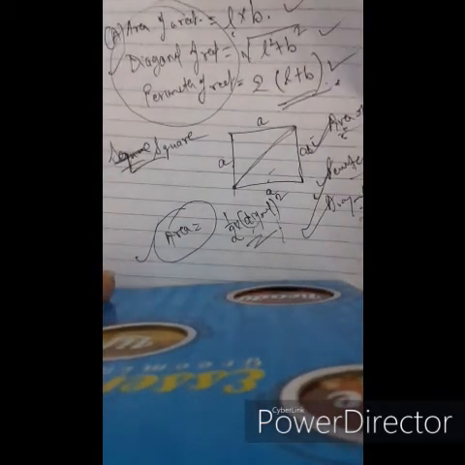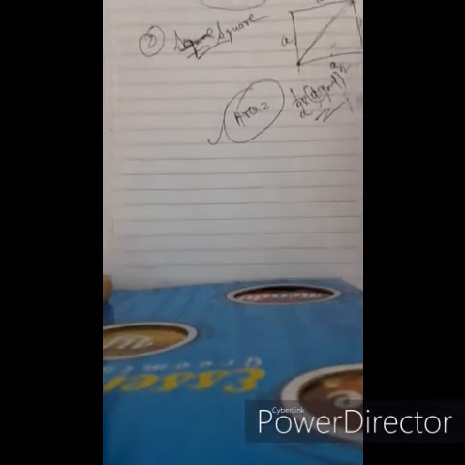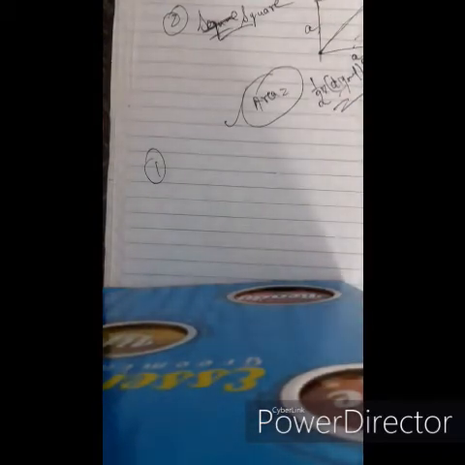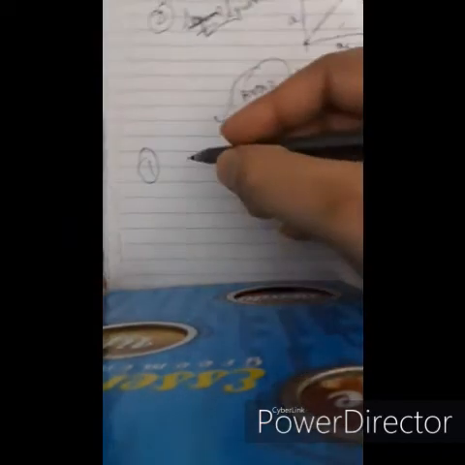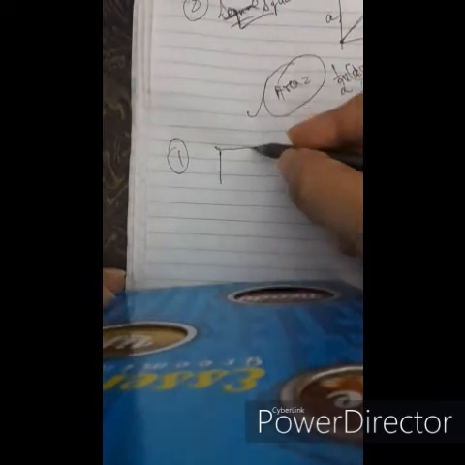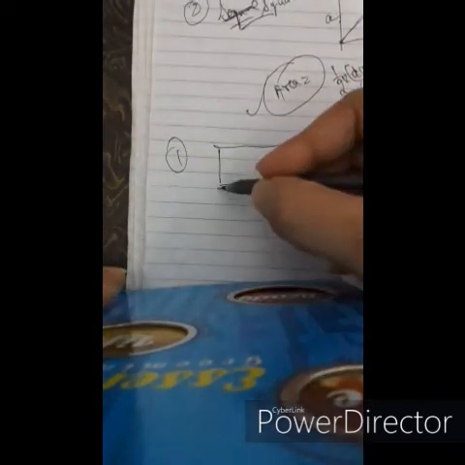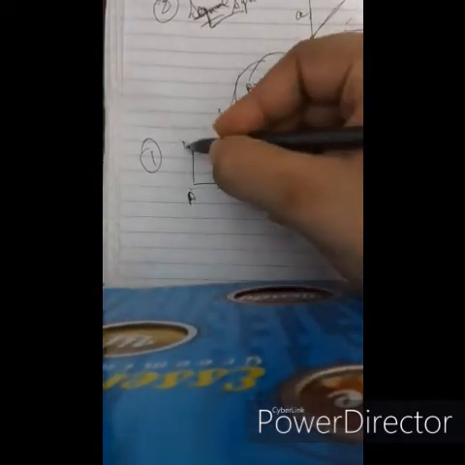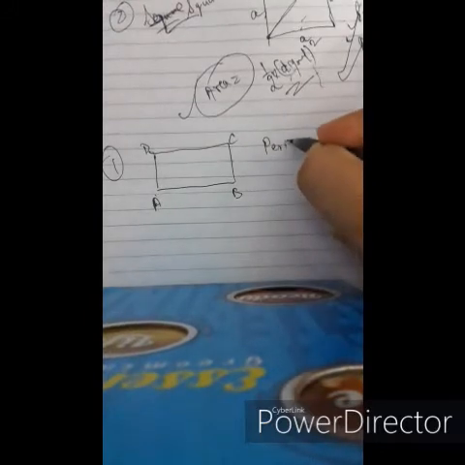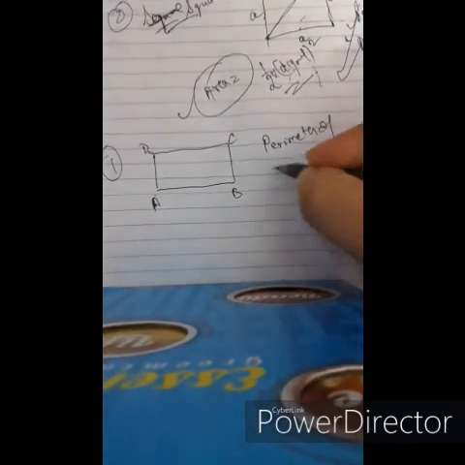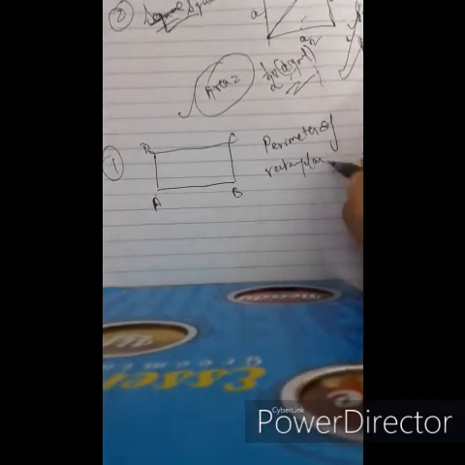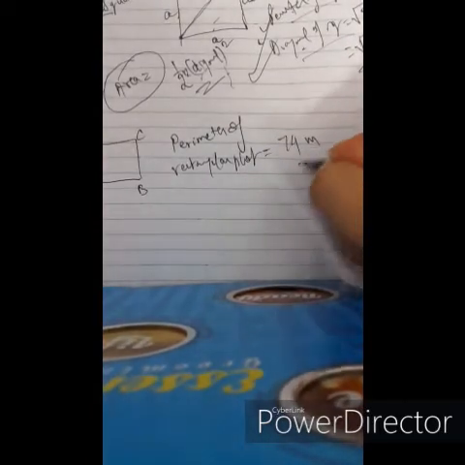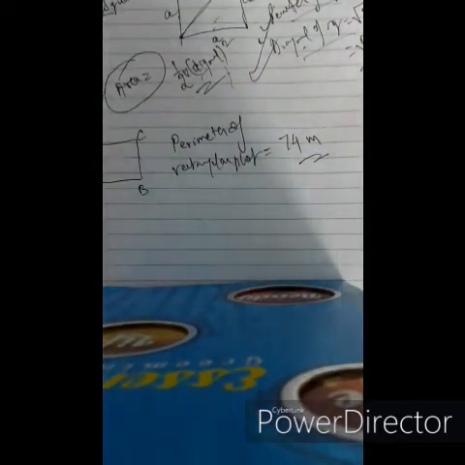All right, we'll take a look at just a simple problem for your convenience. If the perimeter of a rectangular plot is 74 meter, that is, a rectangular plot is there, suppose A, B, C, D. Perimeter of rectangular plot is given 74 meter and the length of the diagonal is 28 meter.